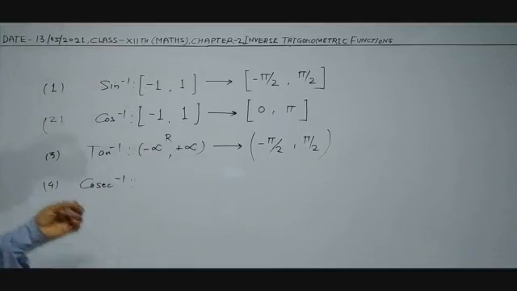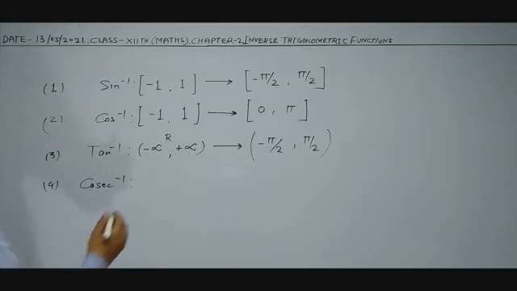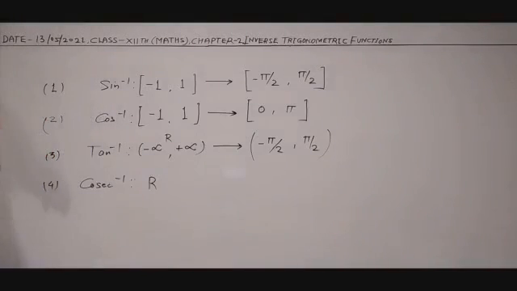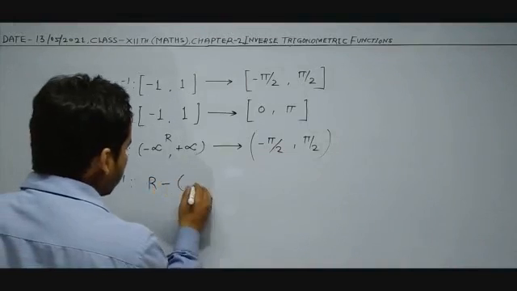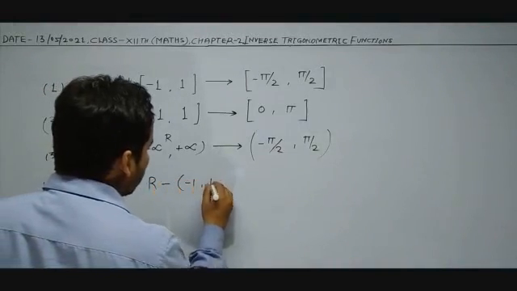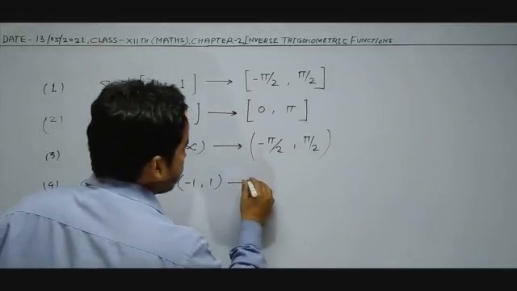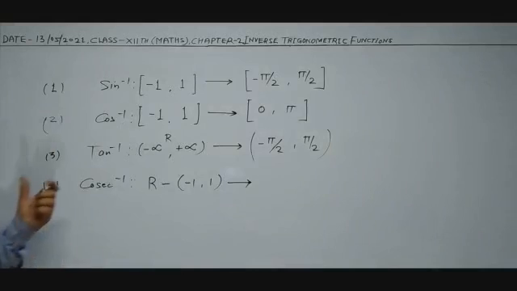Its domain is all real numbers excluding minus 1 to 1. Then what will be its range? And its range will be its principal value branch.